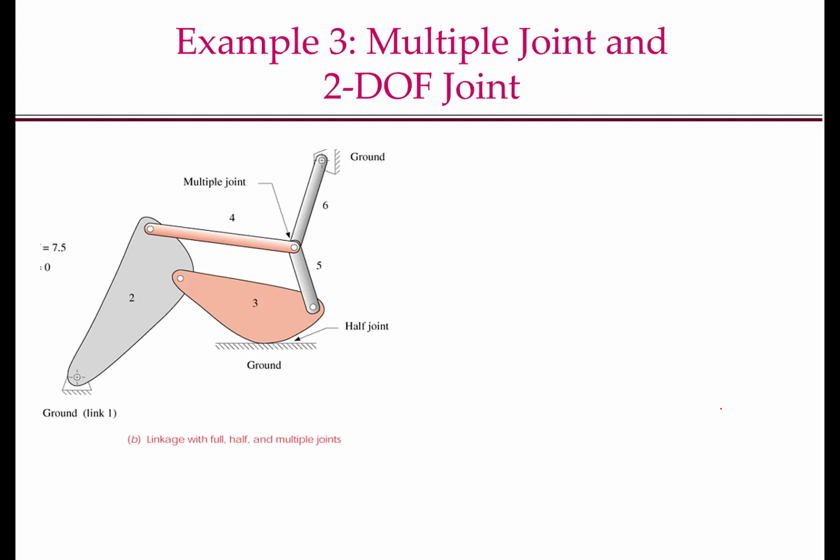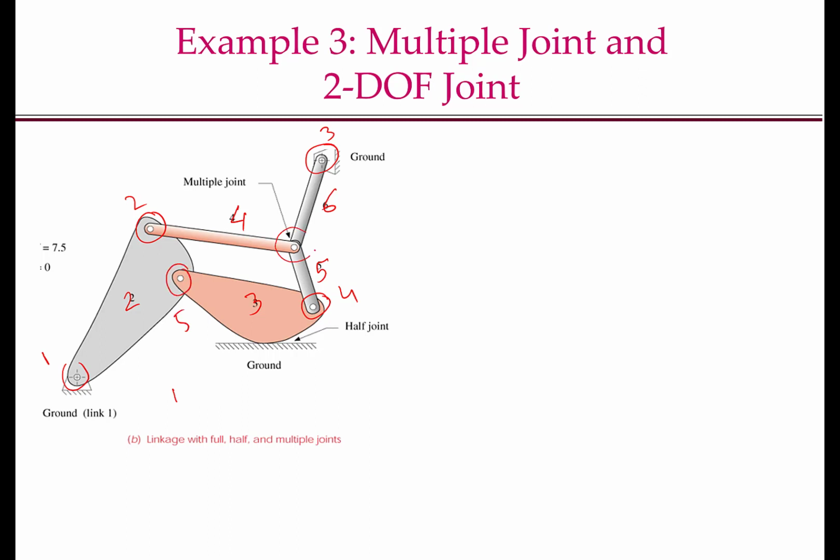Let's go through another example. Again, we will first count the number of links. Ground is labeled 1, 2, 3, 4, 5, and 6. So we have 6 links here. How many 1 degree of freedom joints do we have? 1, 2, 3, 4, 5.